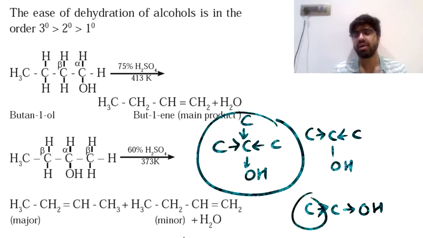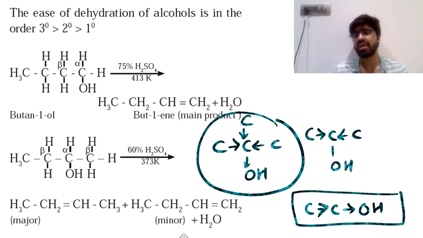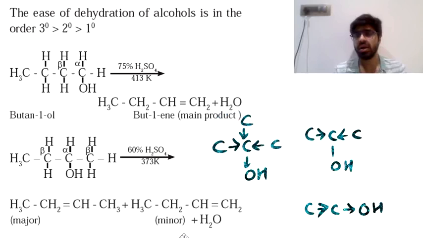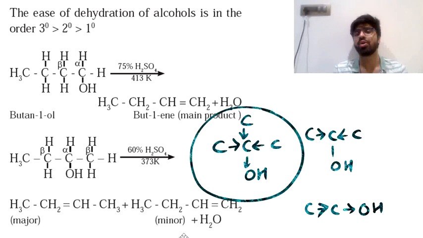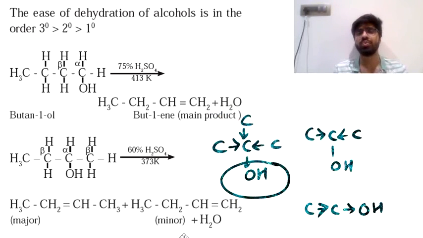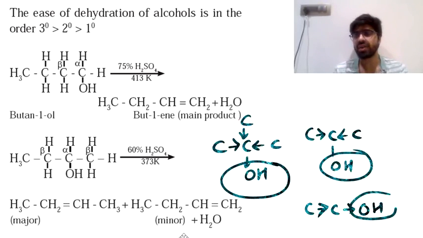So it's only one alkyl group providing inductive effect to the carbon here, and that is why the push on this OH group is coming only from one carbon atom. The least push is on the primary alcohol, the maximum push on the tertiary alcohol. So the OH group attached with a tertiary carbon atom can come out in the easiest possible way, a little more difficult with secondary, and the most difficult with the primary.